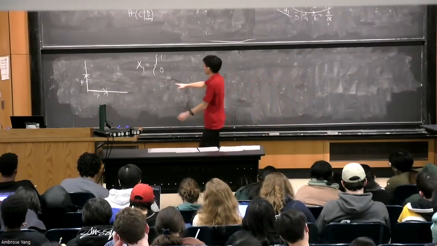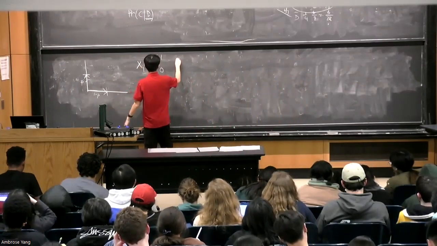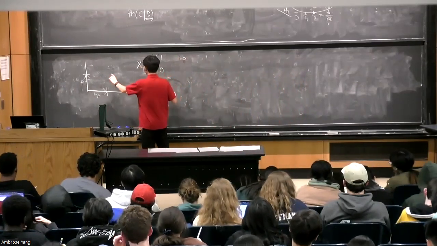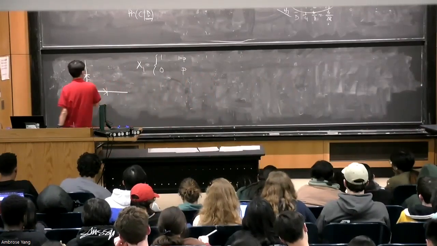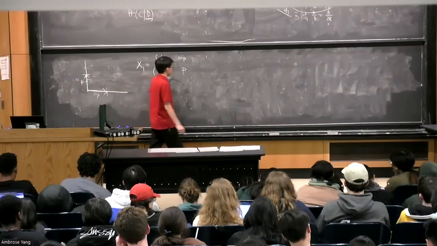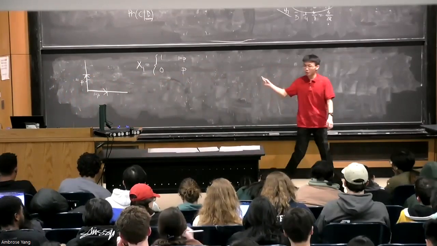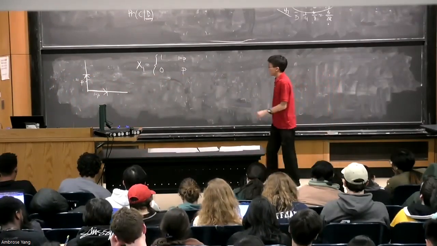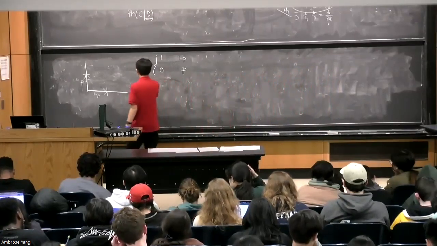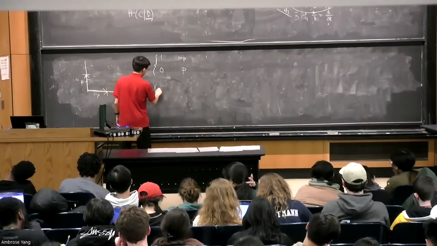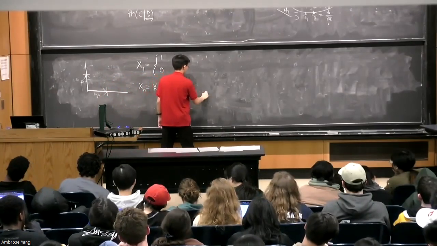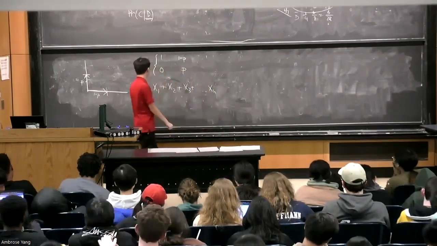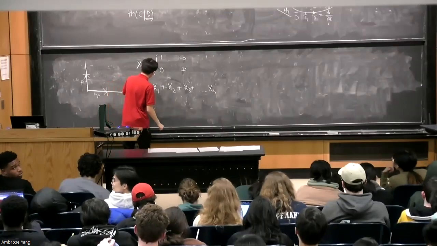So x1 is going to pop out with a 1 with probability 1 minus p, and pop out with a 0 with probability p. With probability p, Zima goes up and there's no change in x, and with probability 1 minus p it goes to the right and pops up with a 1. After n moves, x is how much x change you got on the first one, plus the second one, plus the third one, and so on up to xn.